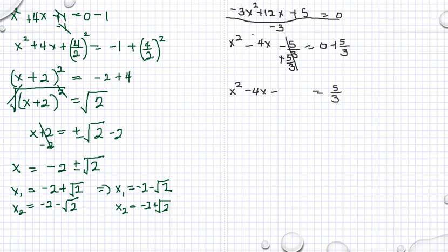And then we take half of the coefficient of the second term, and we take the square of that, and we do the same with the right hand side of the equation.